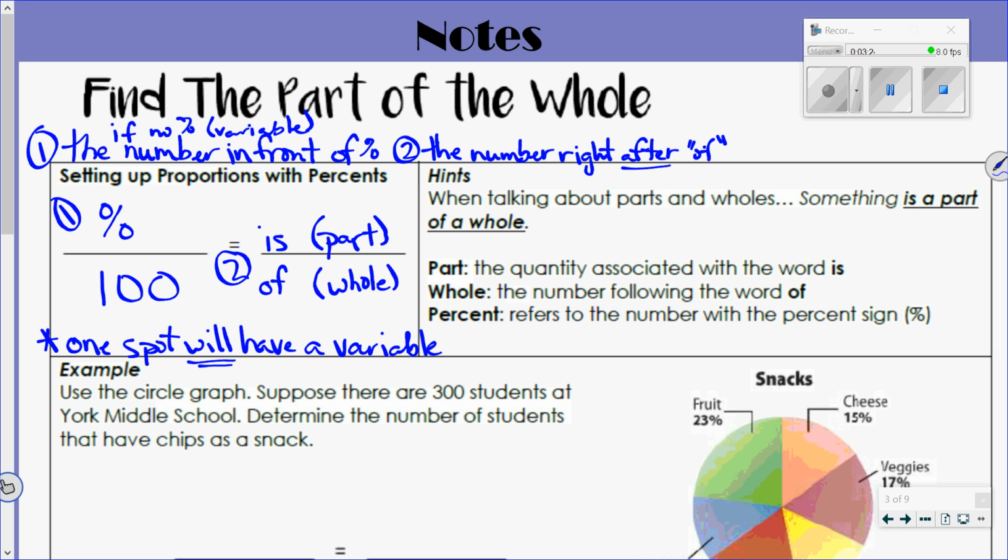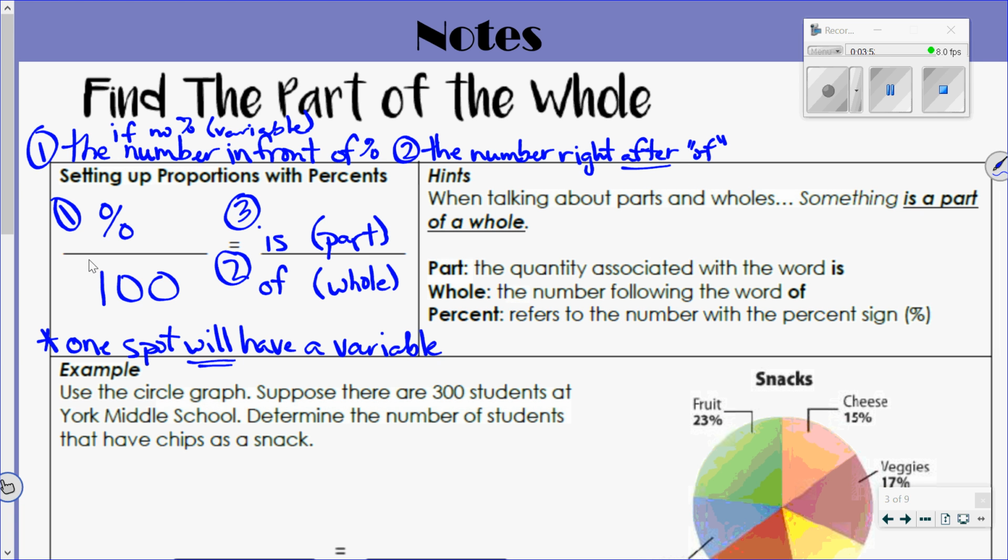The reason we do that is it's very consistent. The of is always located right after it. Now do be careful, it can talk about the of something and then tell you the something later, but realize that whatever is after the of is what goes there. If they don't tell me the of, guess what goes there? X, my variable.